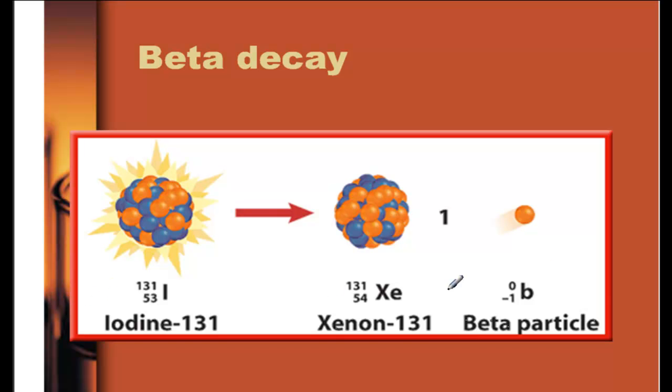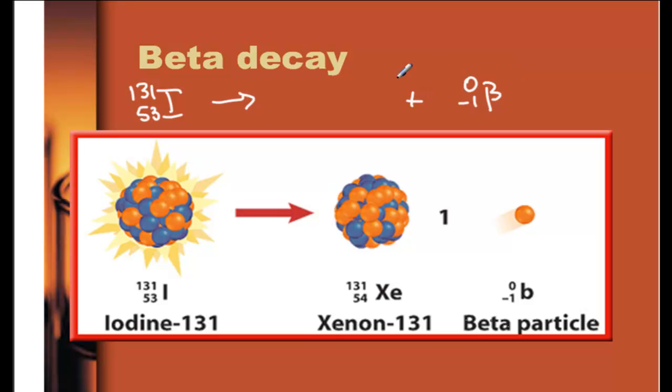In a beta decay, you're going to give off a beta particle. In this case, we have iodine-131 gives off a beta particle, and we end up with xenon-131. The way we would write that would be, here's our iodine, and our beta particle. Now I use the Greek symbol, they use the B. You're going to see it both ways.